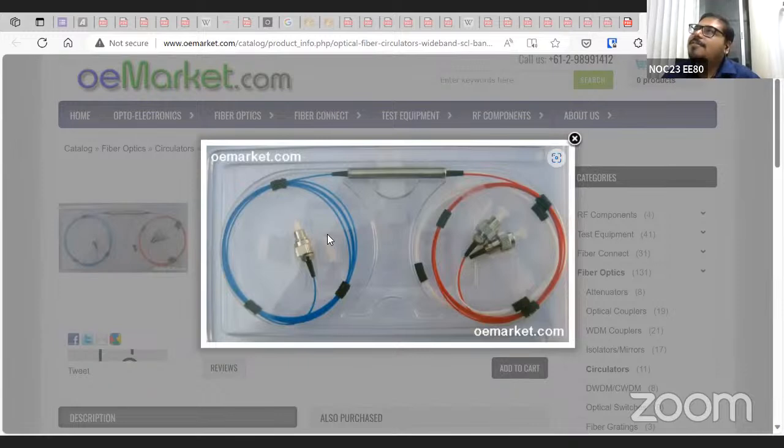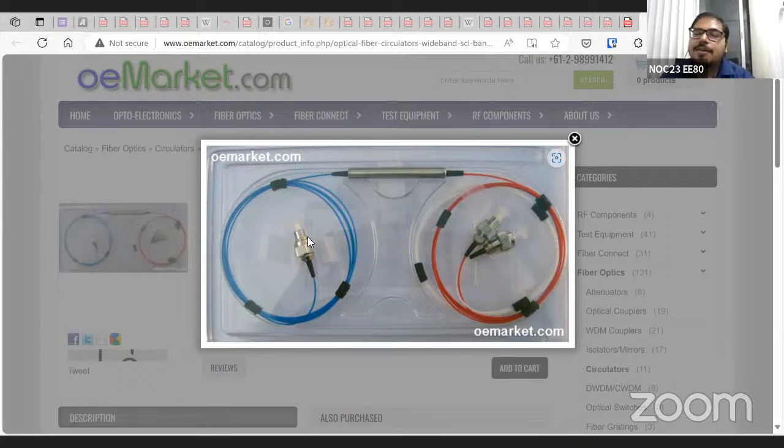For consumer applications, you may see different connectors compared to these. So instead of FC APC, you might be seeing SC, the subscriber connector, which is without this screwing mechanism. It is push into plug, and then you can use it.